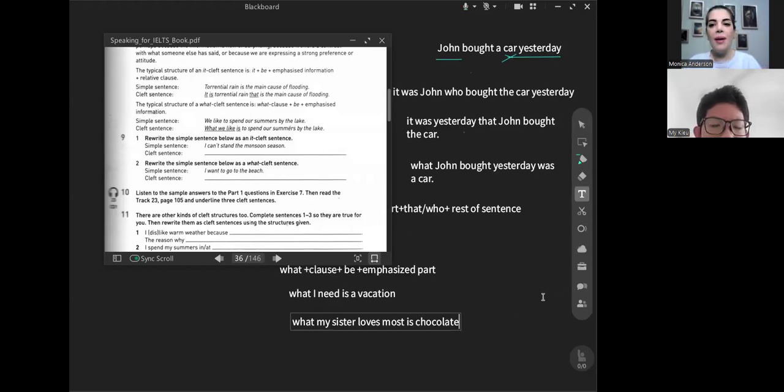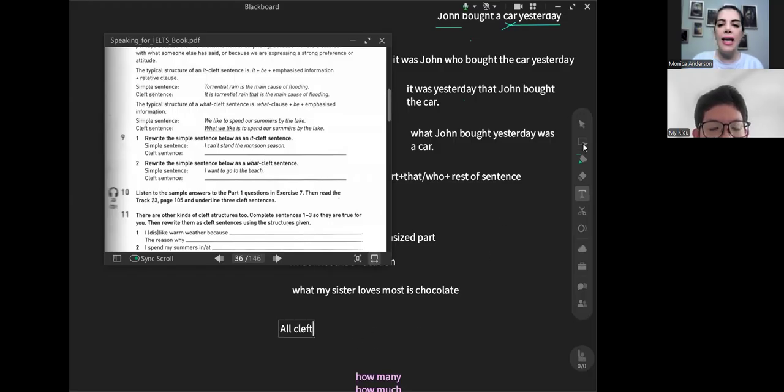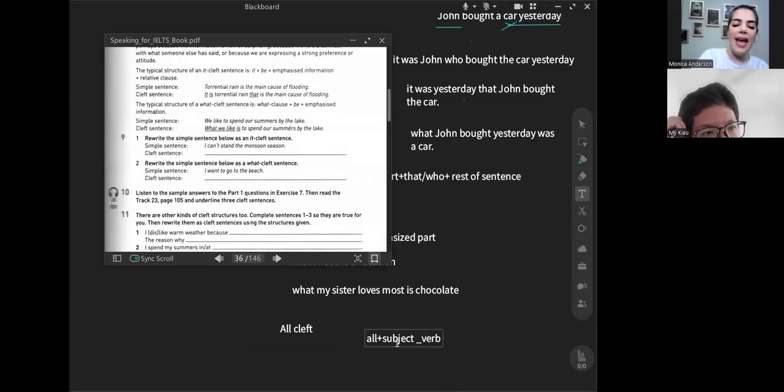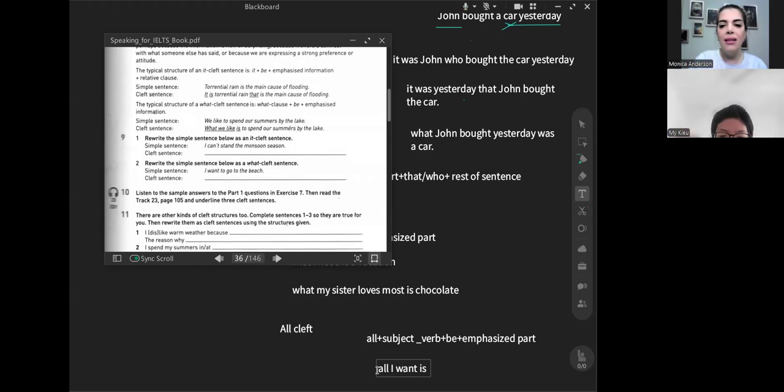We have another type that is all cleft. What is this? I use all. For example, let me erase this. All, and subject and verb and be and the emphasized part. For example, all I want is peace and quiet.